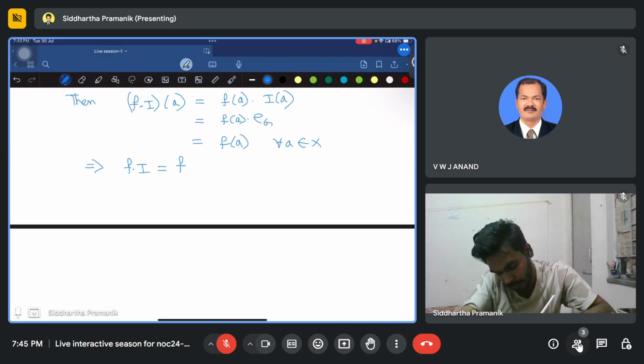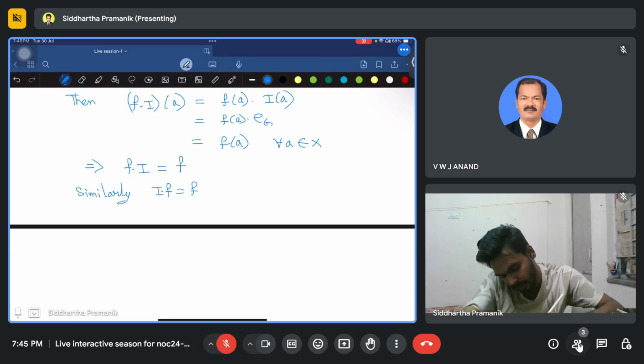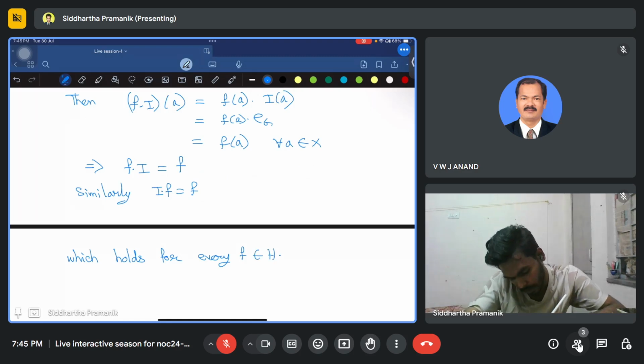So similarly, one can check that I times f is also f, and this holds for every f in H. Hence, I is the desired candidate for the identity element.